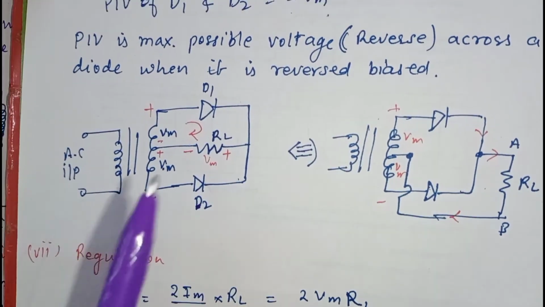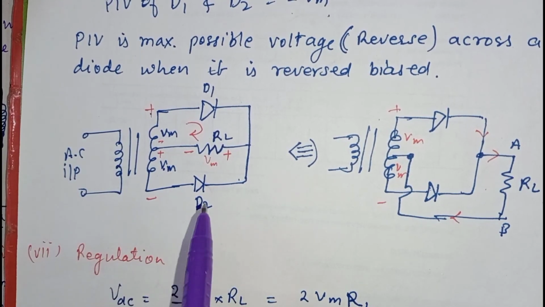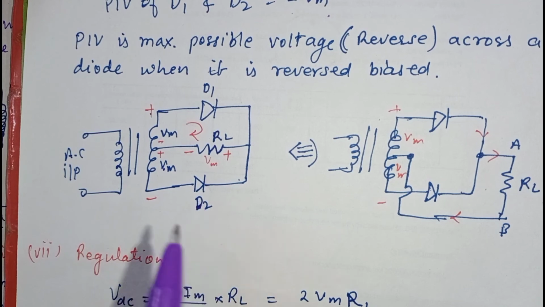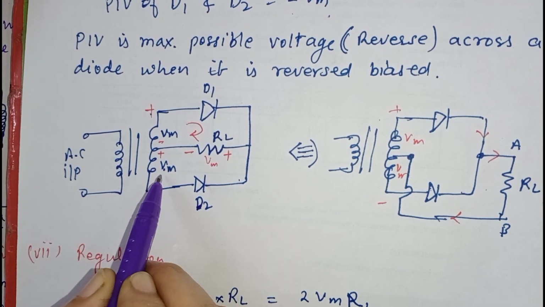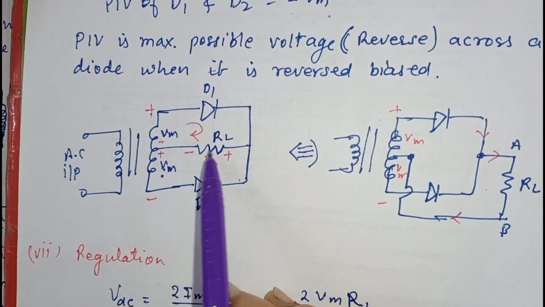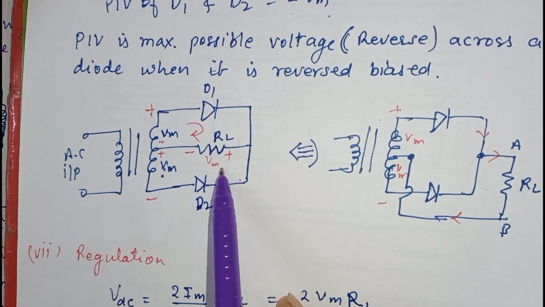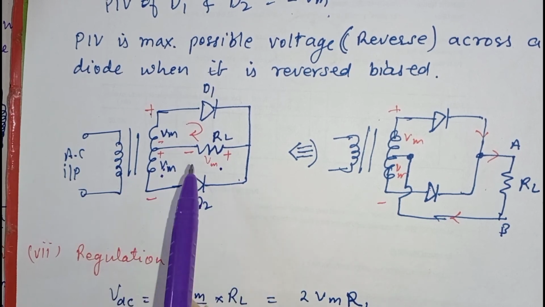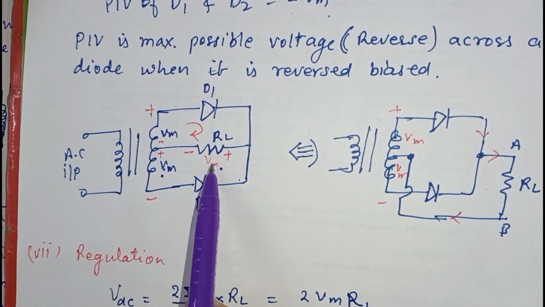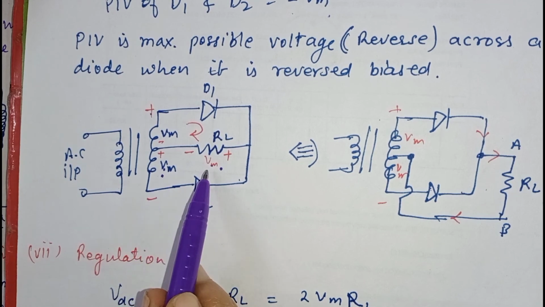Here we know during positive half cycle this is positive and this is negative, so this diode is reverse biased, and in the lower half there is Vm, and when D1 is conducting, the voltage that is developed across this RL is also Vm, and these two voltages are in series, so the addition of these two voltages is coming across this diode. So the peak inverse voltage across this diode is 2 Vm.